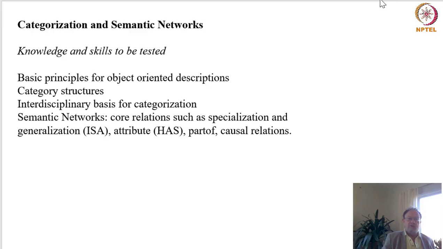So what we did here was to look at basic principles for object-oriented descriptions, the description of objects in terms of features, and building up structures among categories, some interdisciplinary basis for how we categorize our world, and finally a little more detailed information about the format of the so-called semantic networks and the relations modeled in terms of edges in the network.